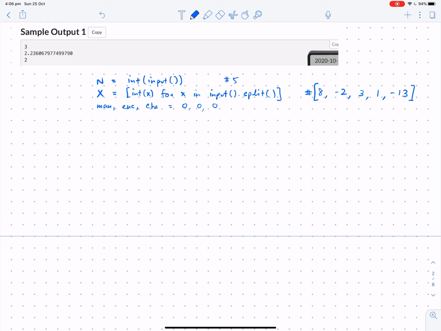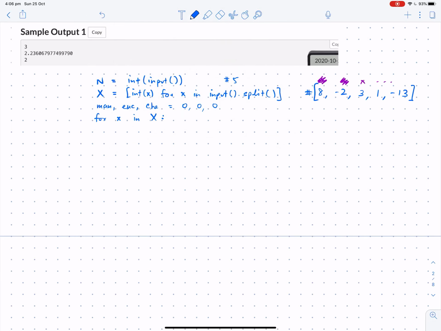And then we can say for little x in big X, sorry if you find that confusing, but big X is our list of things, and then little x will be each individual thing. Okay, so x will be 8, and then when we're done with that, x will be -2, and then when we're done with that, x will be 3, and so on.